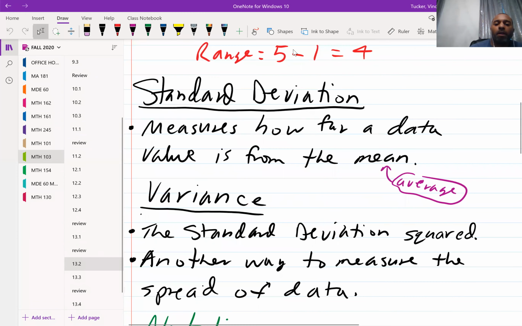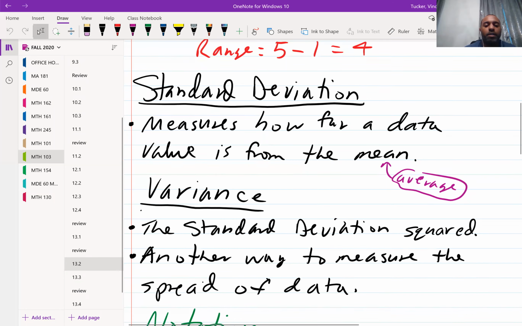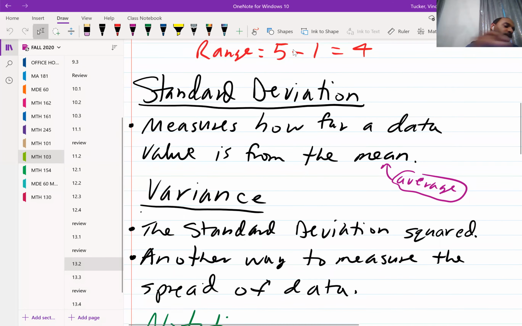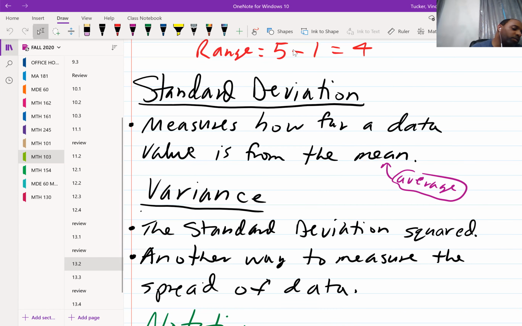Your variance is the standard deviation squared, and it's just another way to measure the spread of data. So everybody good with that?